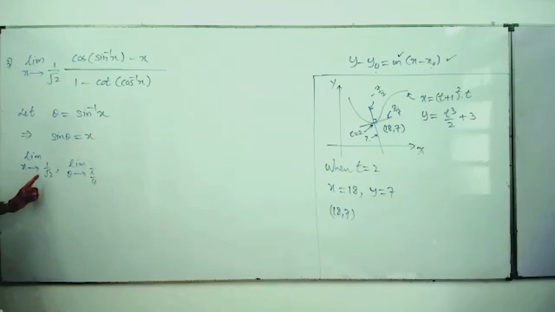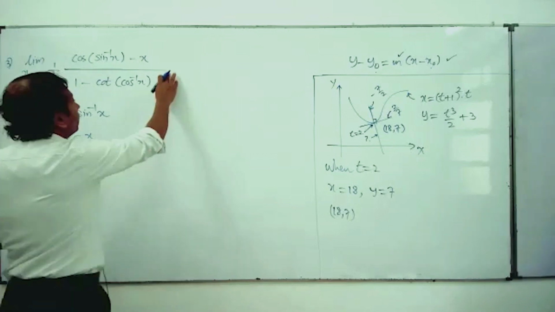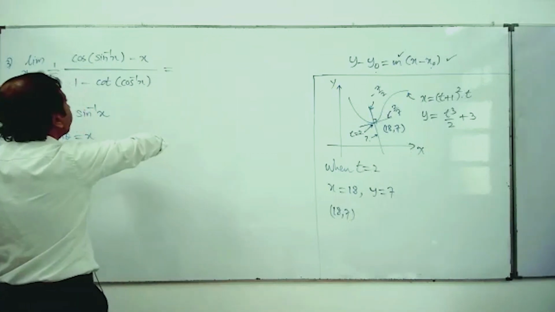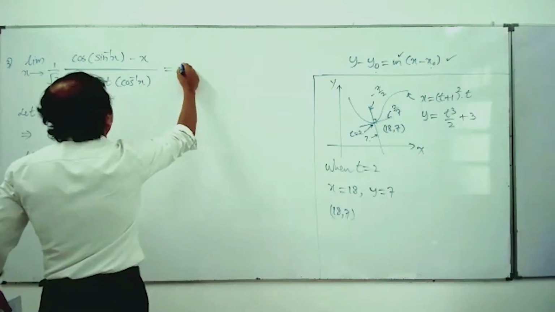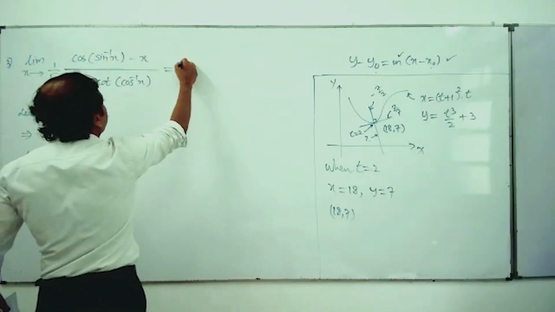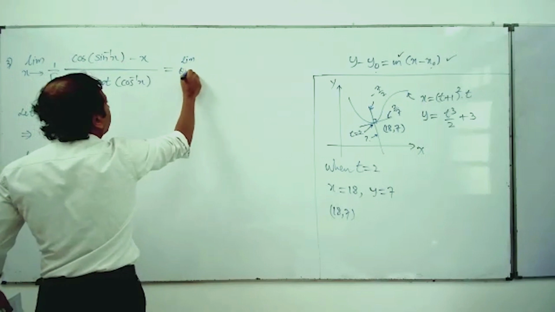Then x going to 1 over root 2 means theta going to pi by 4. That's fine. Now, I'm going to write this in this manner. Limit x going to 1 over root 2, now I can write that as limit theta going to pi by 4.